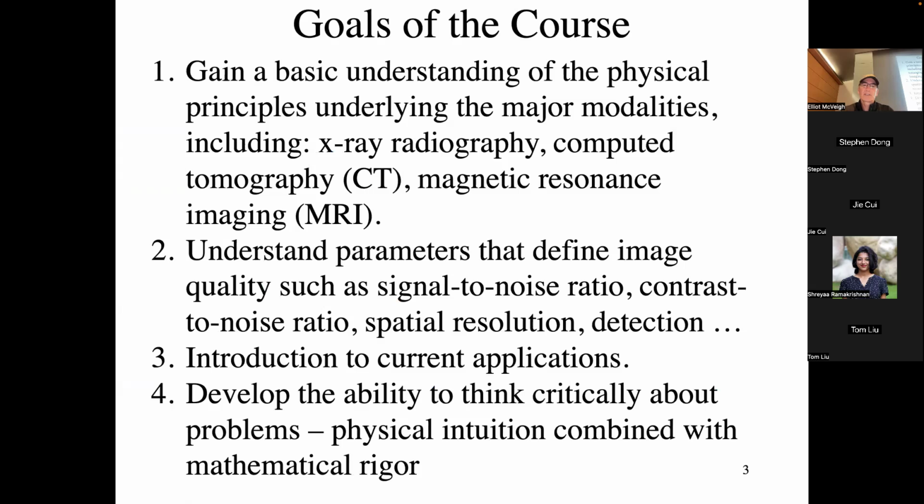So here are the goals: basic understanding of physical principles. In terms of X-ray imaging and MRI, how do you generate the signal in the first place? What's the physics behind generating a signal to make a picture? How do you then take that signal and process it to compute the image, or the thing that made the signal? And once you've got images, there are certain things you can use to compare their quality, such as signal to noise, contrast to noise, and spatial resolution.